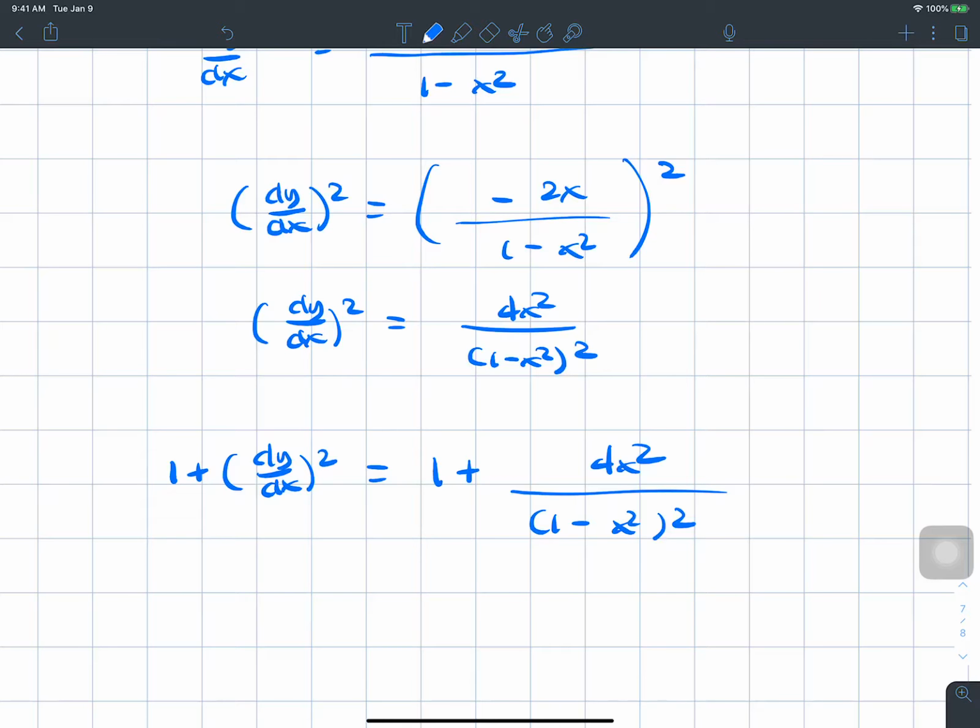All right, here we're going to do some algebra. And you might not be able to see this, I'm going to erase this here because I need some space.